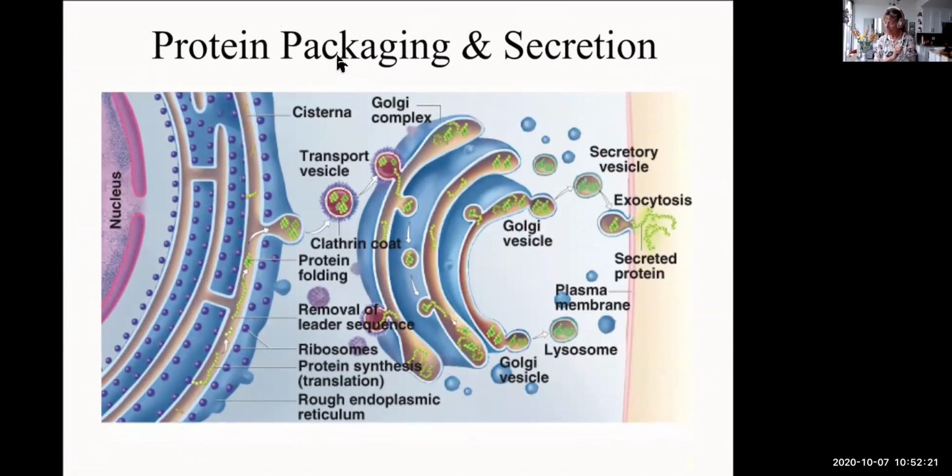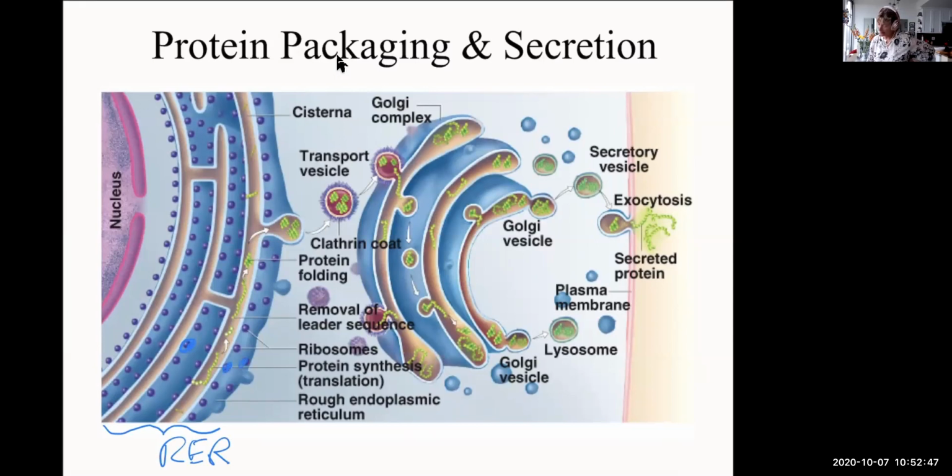For now, let's just look at some terminology. So this structure here, that is your rough endoplasmic reticulum. So it's an endomembrane, but these little purple dots, they are all ribosomes.